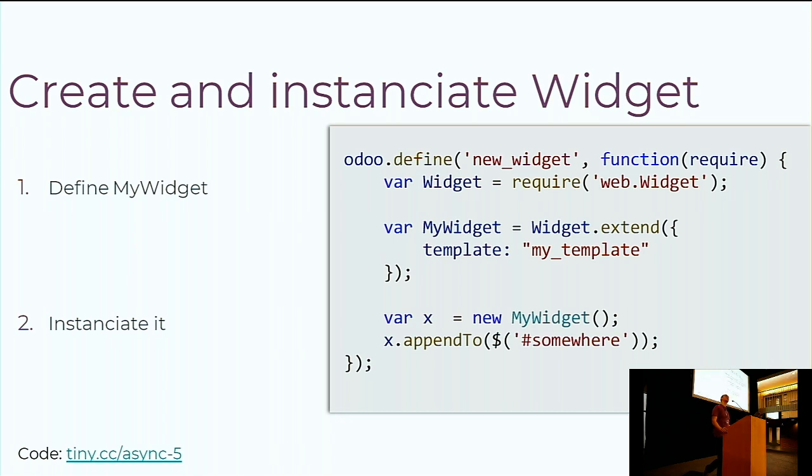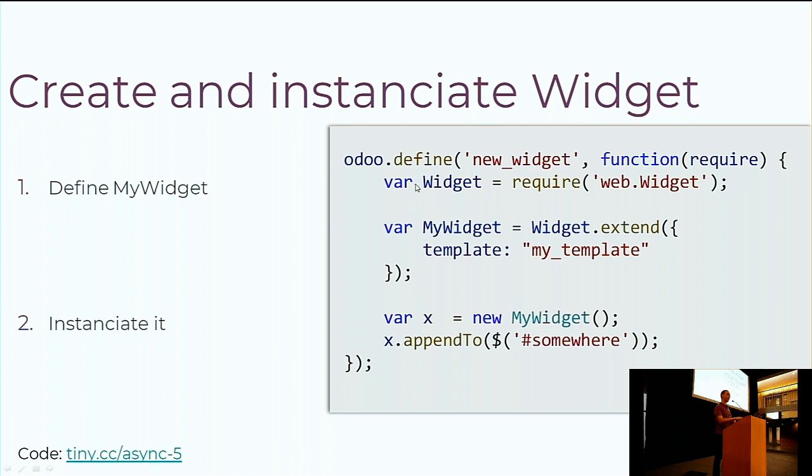Yes, indeed. Good. So what happens is, when Odoo starts, it will execute all the Odoo.define functions to register all the widgets. So it does that at the very beginning, before the DOM is ready, before the session is ready, before most RPC calls or during RPC calls.